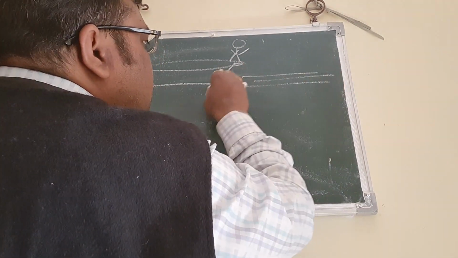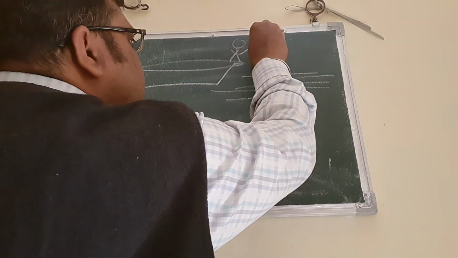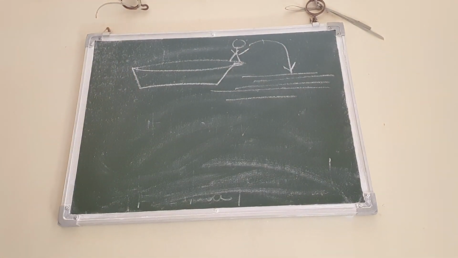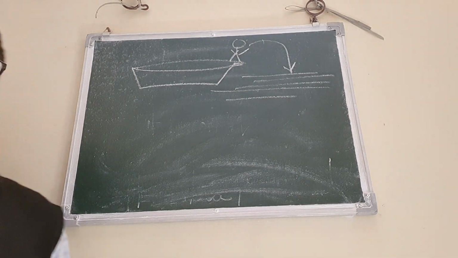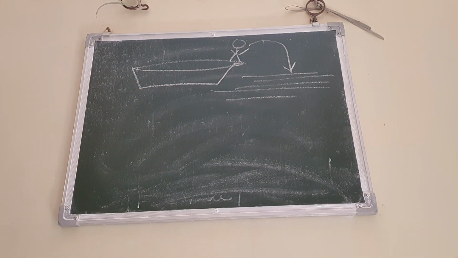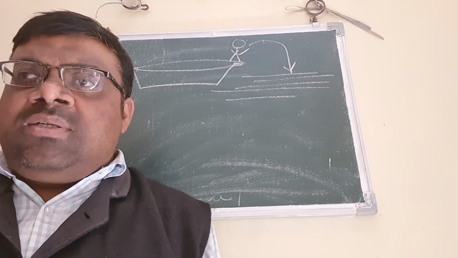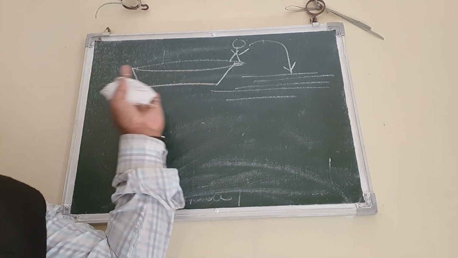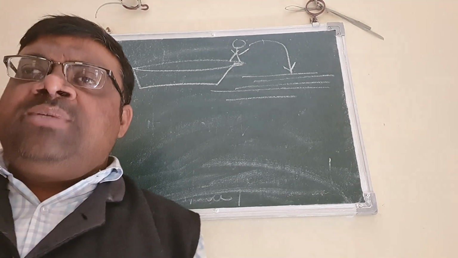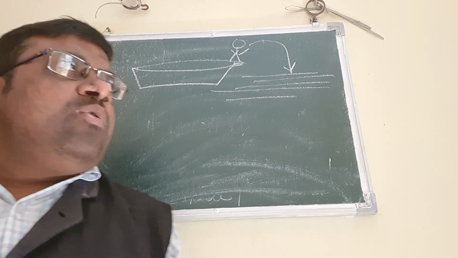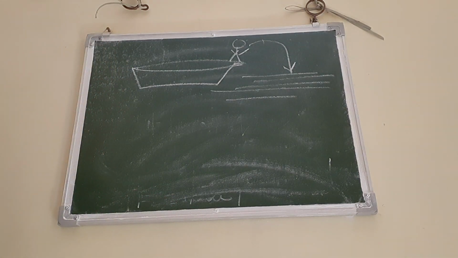The person jumps in the river. When he jumps in the river, the boat tends to move in the backward direction. So we have to tell the reason why the boat moves in the backward direction. This is based on Newton's third law of motion, action and reaction.